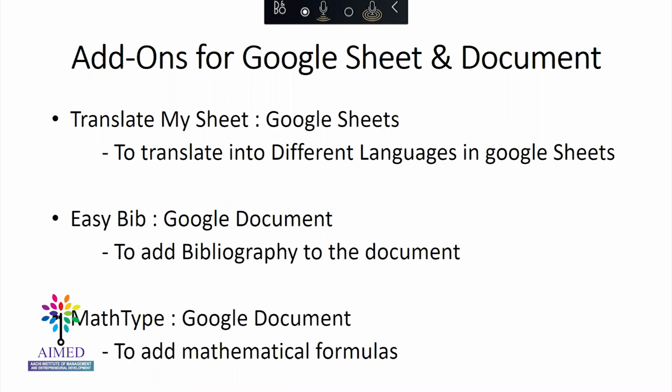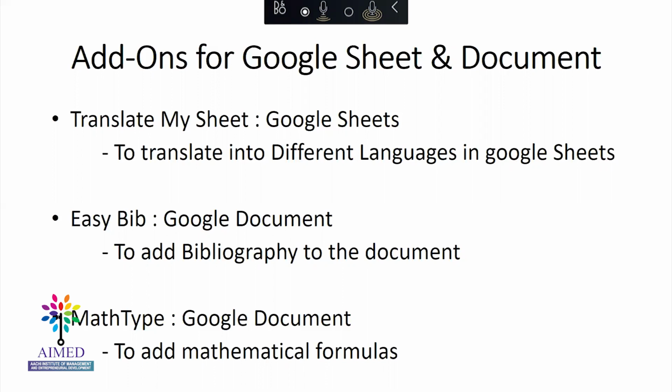And the final add-on we are going to see in this session is MathType, which will again work on top of Google Docs. This will be very helpful to handle mathematical calculations and formulas.